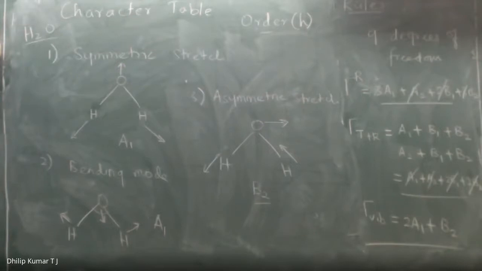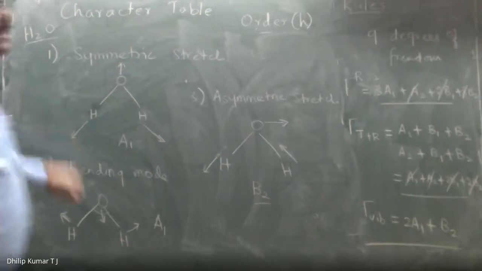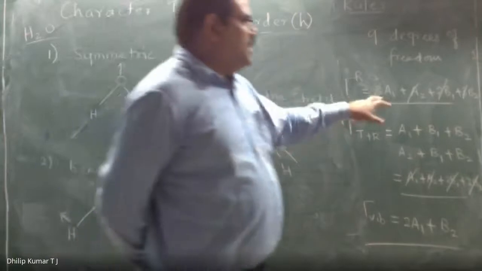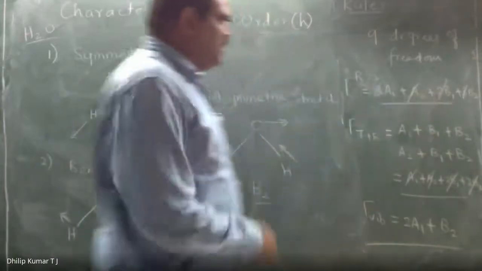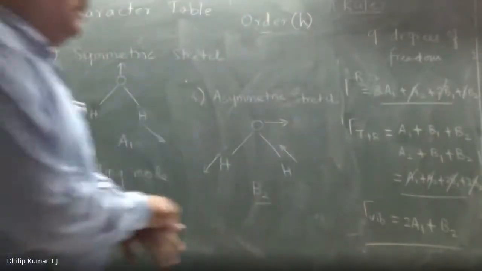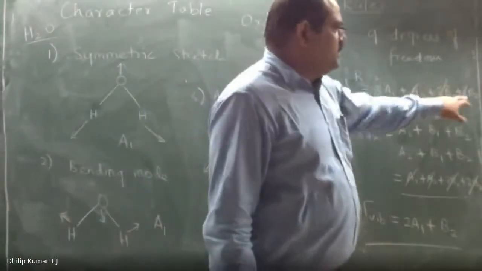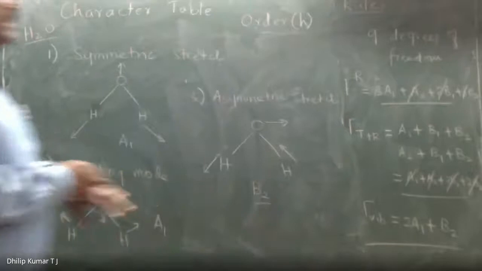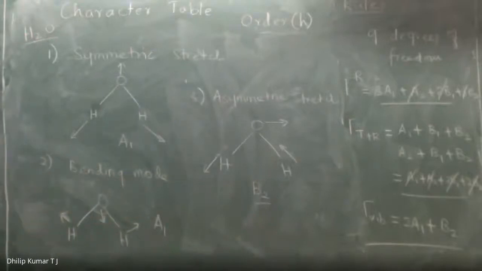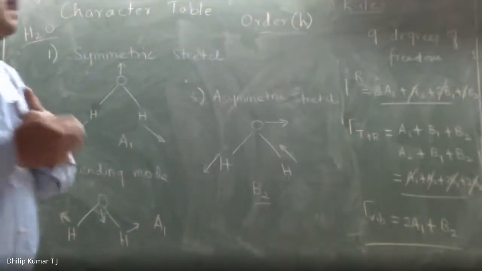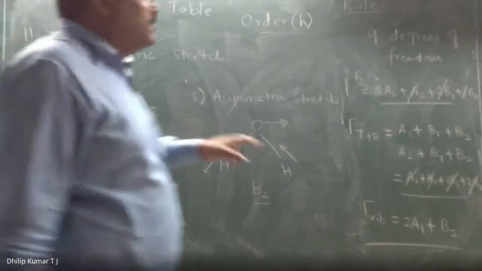Then we used the reduction formula and got the symmetries present. We got 3A1 plus A2 plus 2B1 plus 3B2. If you count it, 3 plus 1 is 4, 4 plus 2 is 6, 6 plus 3 is 9. So in the water molecule there are 9 degrees of freedom, and each one has its own symmetry.